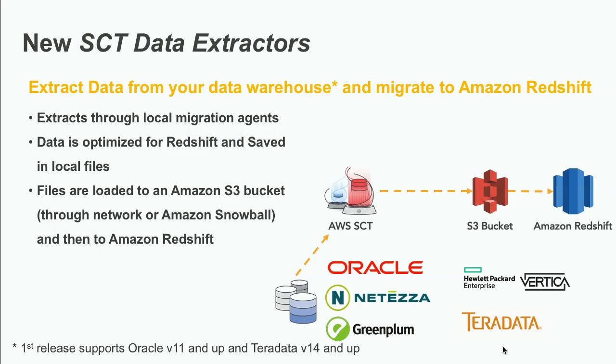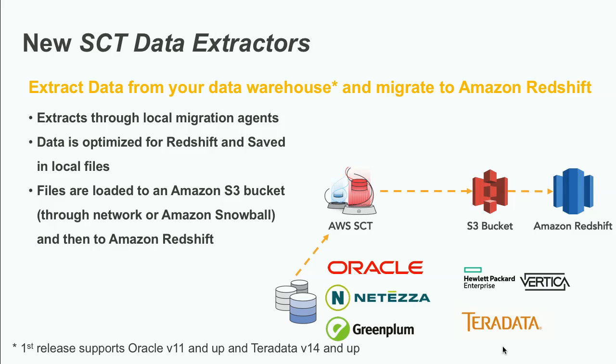They prepare them in a Redshift compatible file, save them locally, and push them to an S3 bucket over the network, where Redshift can then pick up the files, and then you have all the data migrated to Redshift.